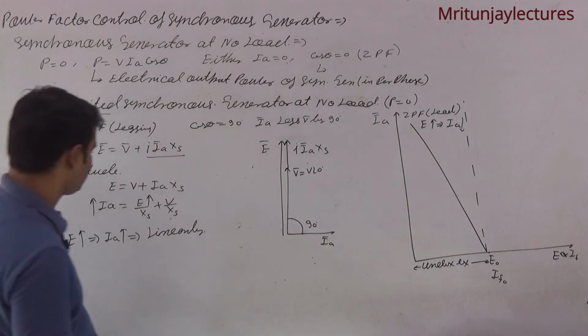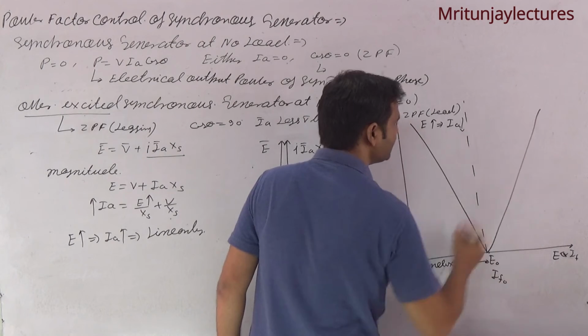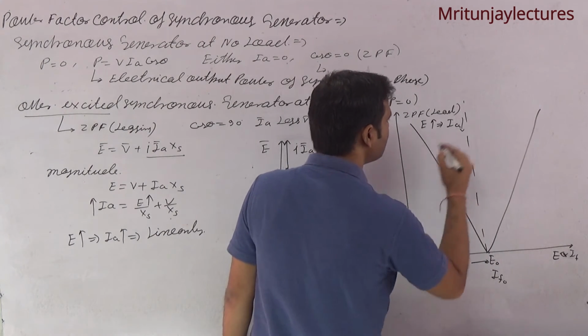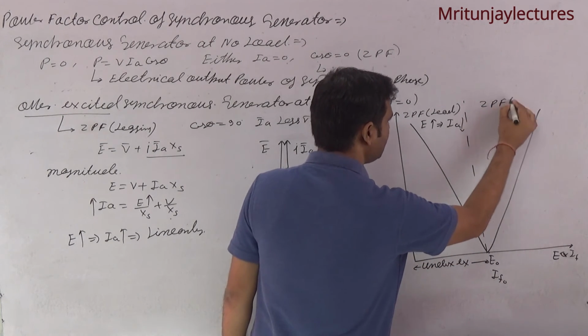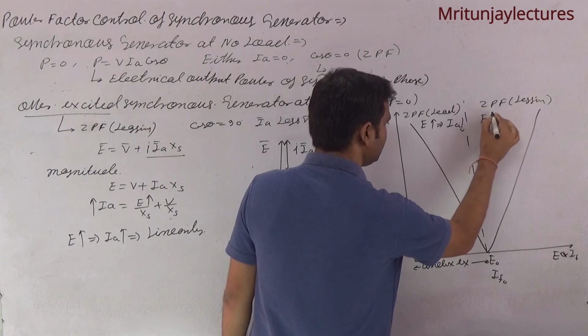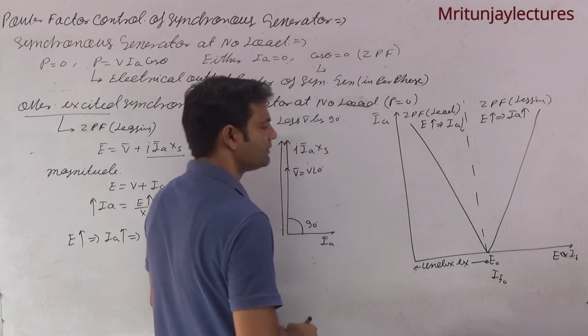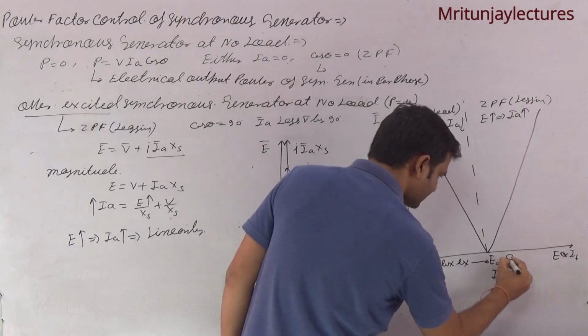Make it like this one. That is ZPF lagging. Okay. E increases, what about IA? IA also increases. That is overexcitation.